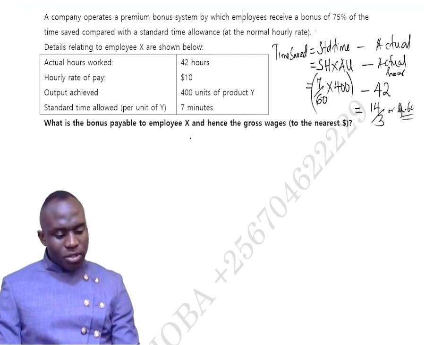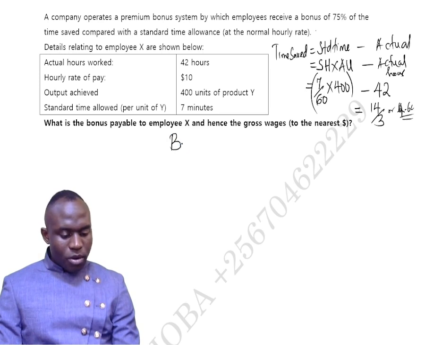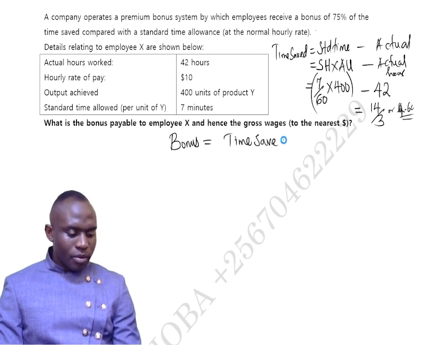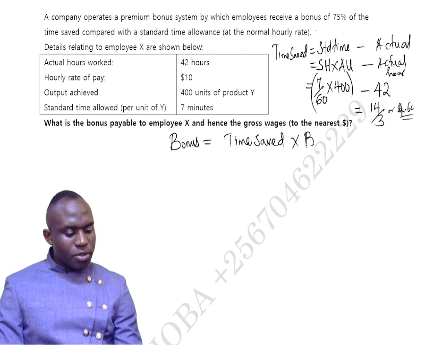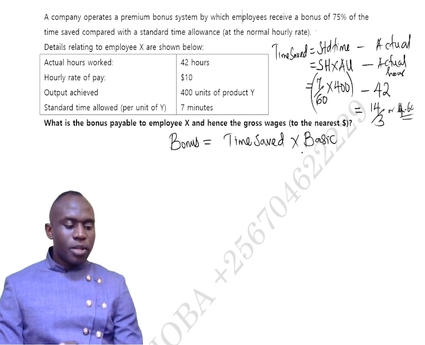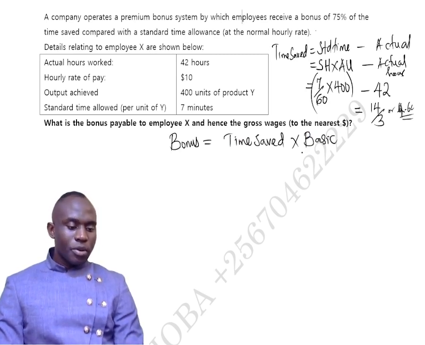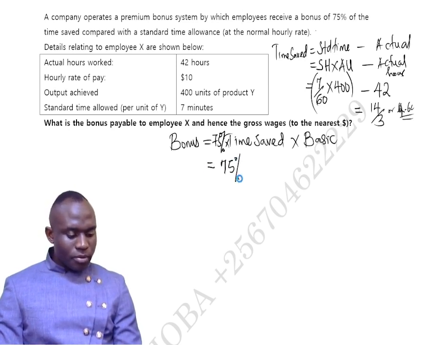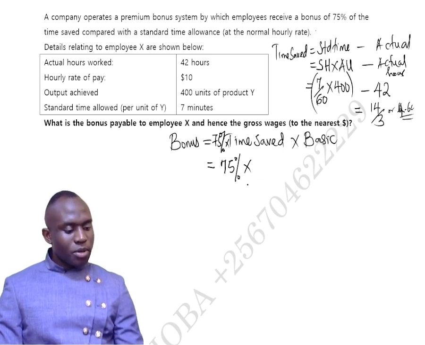But what is bonus? So bonus, we said it is paid basing on time saved times the basic rate. But in this question, the question has told you bonus is 75% of the time saved. Of means you multiply. So bonus is going to be 75% of the time saved.